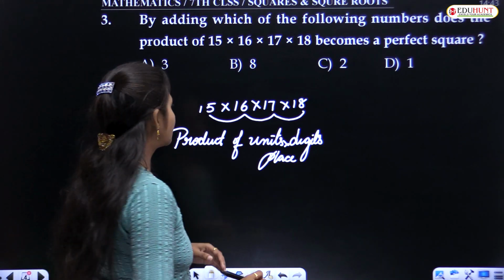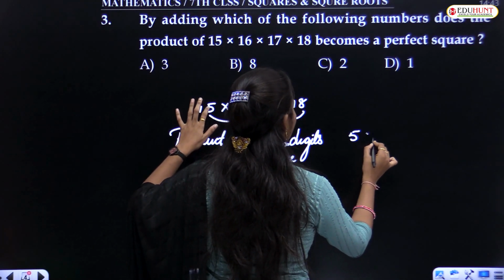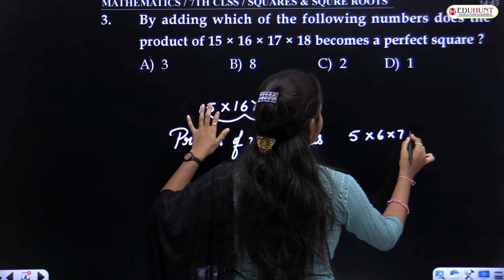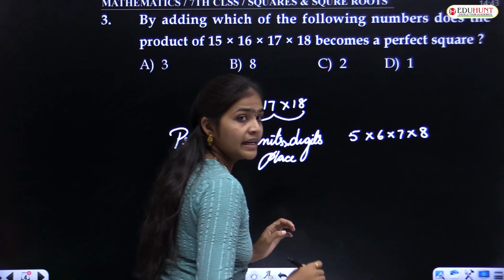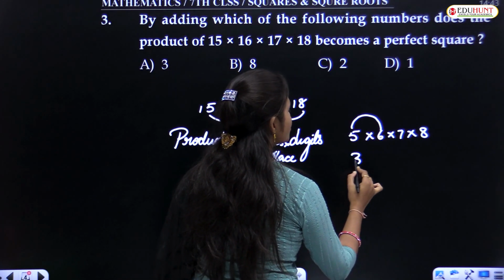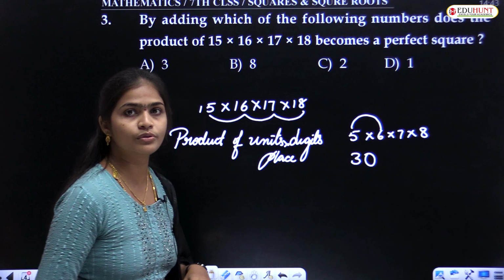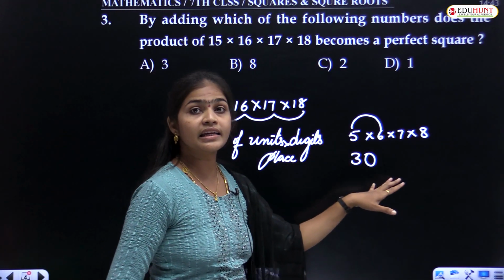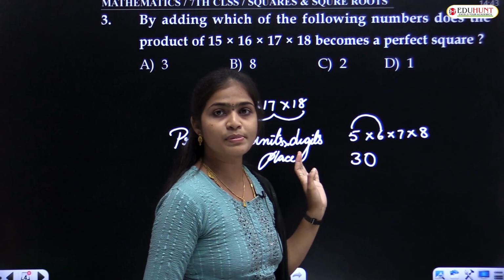Okay, take its product. So here 5 into 6 into 7 into 8. It's units place only. So 5 into 6 is equal to 30. Here we have to consider only the units place digit.